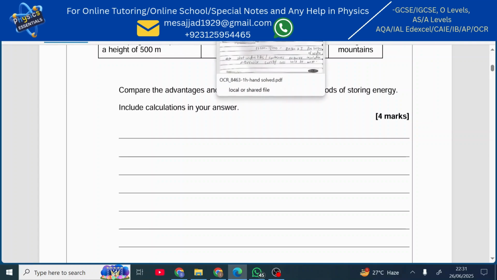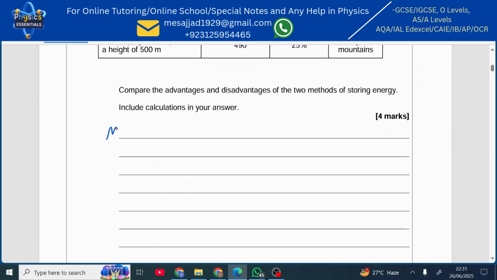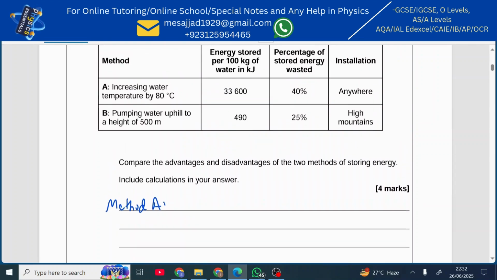So in method A, you can see that the total energy was 33,600. So first of all you write the efficiency formula, and you are going to find out the wasted amount of energy, the total one that is given to you, into 100.